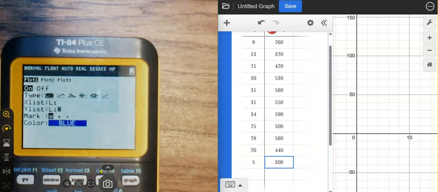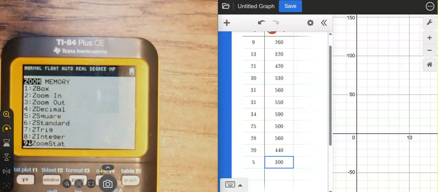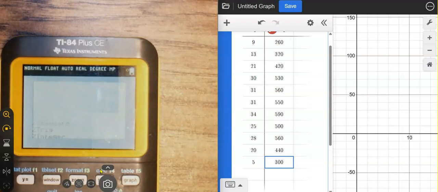And the best way to find the data when you're doing this on a graphing calculator is to do zoom number 9, zoom stat. Zoom stat will create the window surrounding your data so you don't even have to think about it. That is one nice feature of the graphing calculator. So it will automatically create the window for that group of information.